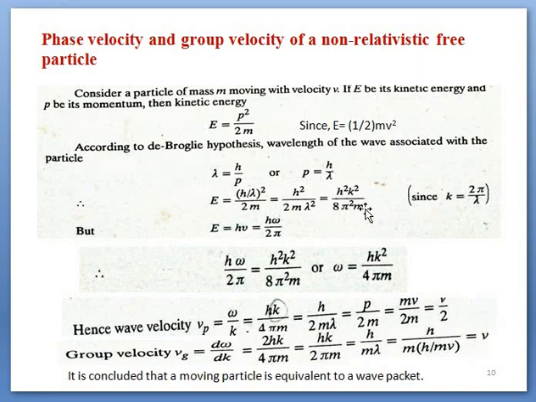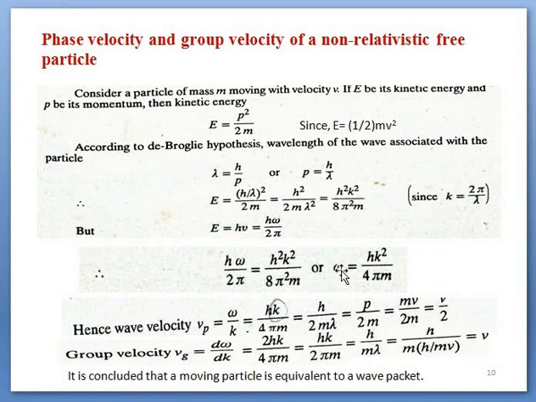Again, considering the wave concept, the energy of the wave associated with the particle is expressed by E equal to h nu, equal to h omega upon 2 pi. Here E represents the same particle, so by equating these two, we have this relation.